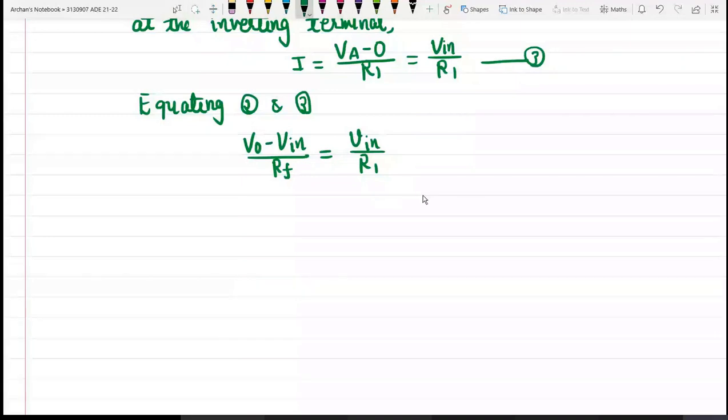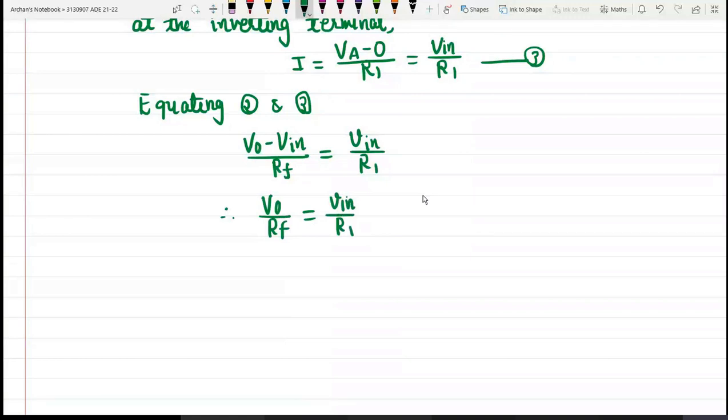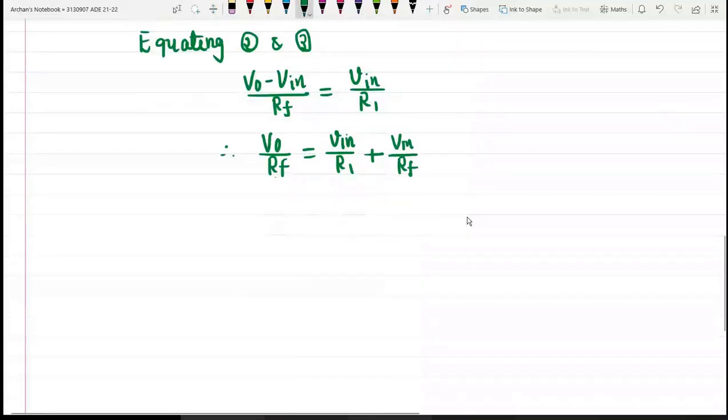V0 by RF is equal to Vin by R1, and this Vin by RF is negative on the left hand side, so it will become positive. So positive Vin by RF. Here Vin is common, right?